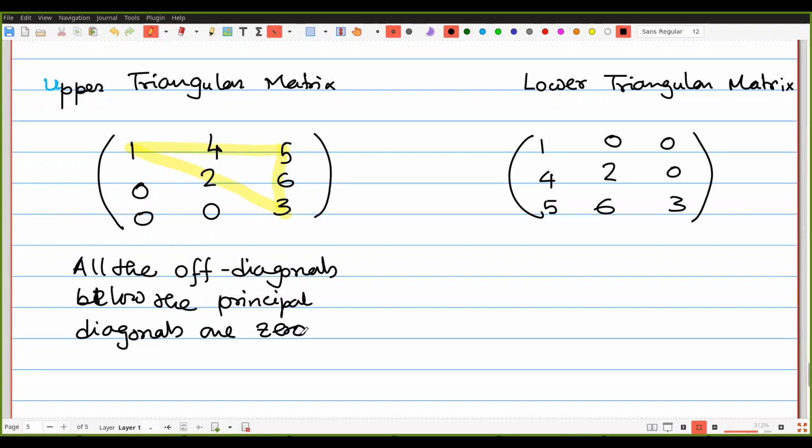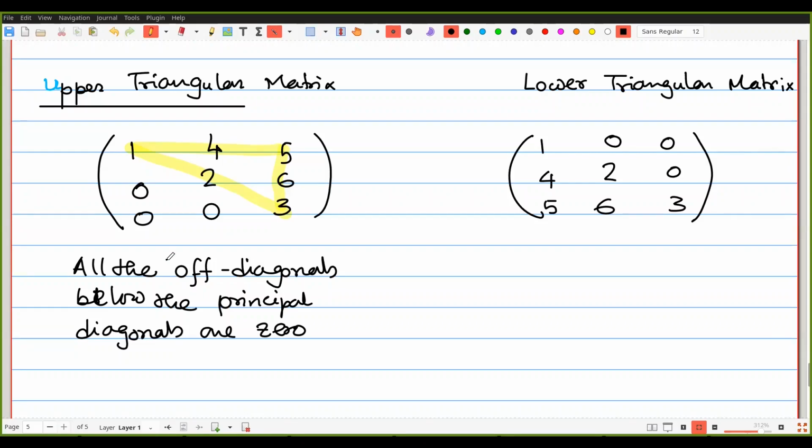So according to visualization, we can see a triangle forming on the upper side from the principal diagonal. That's why it is called an upper triangular matrix. So for the upper triangular matrix, the off diagonal elements below the principal diagonals have to be equal to 0.